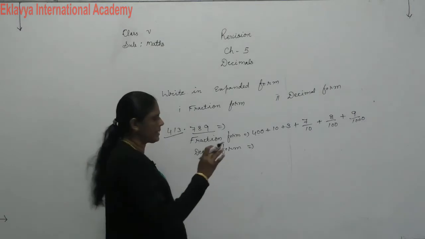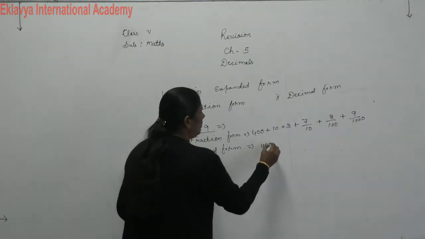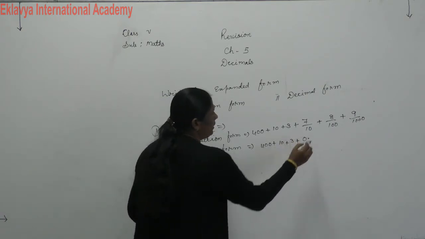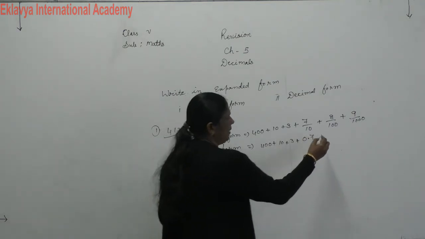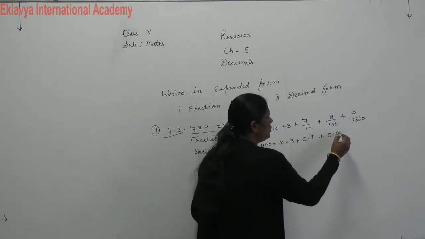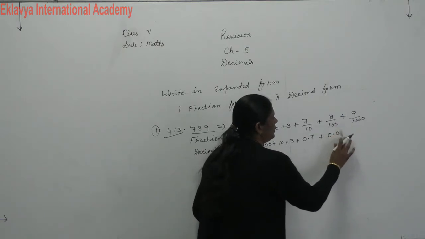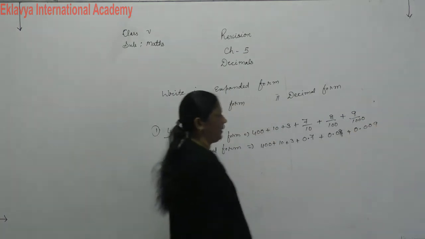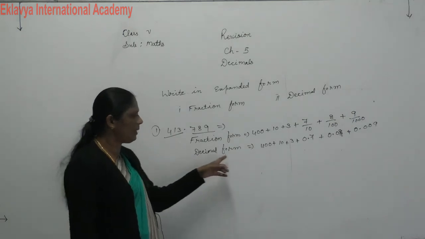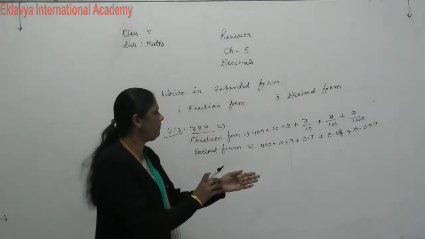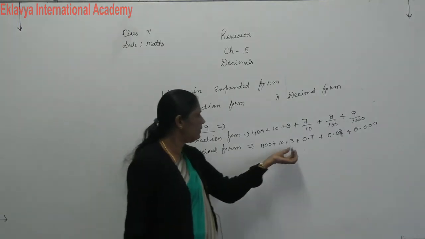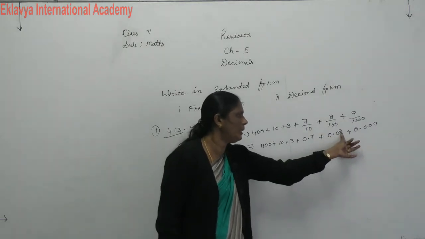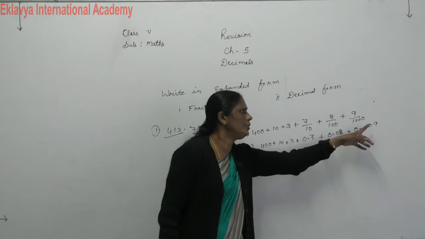In decimal form, the whole number part is the same, 400 plus 10 plus 3 plus 0.7 plus 0.08 plus 0.009.